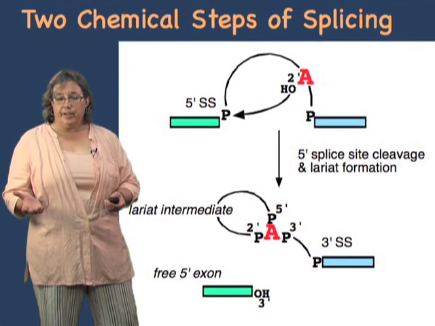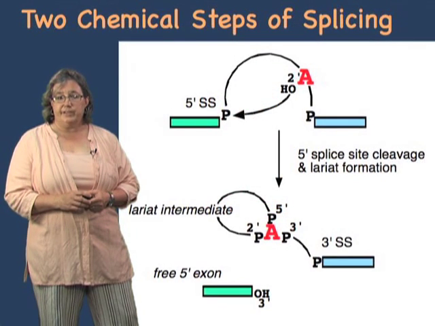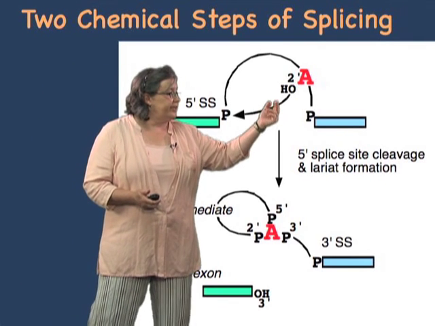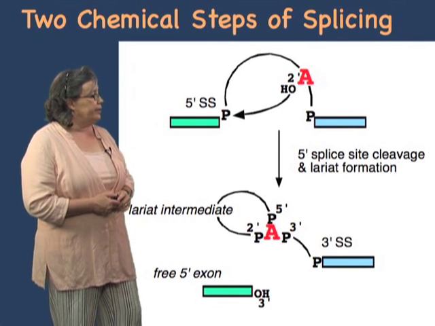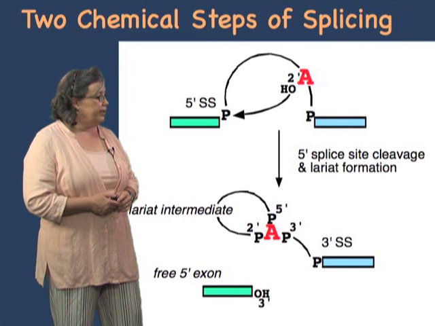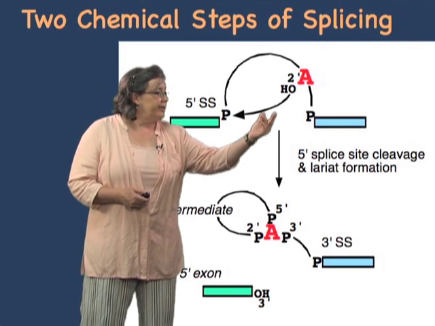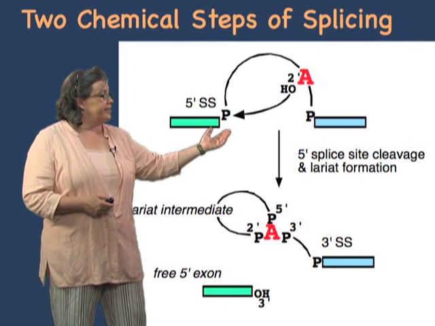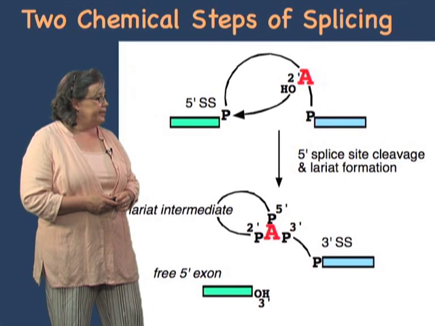So first, let's talk about how the splicing actually happens. It happens in two chemical steps. In the first step of splicing, the branch site, which we talked about, a conserved adenosine in the intron near the 3' splice site, has its 2' hydroxyl attack the phosphate at the 5' splice site.